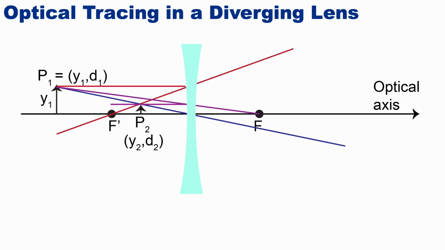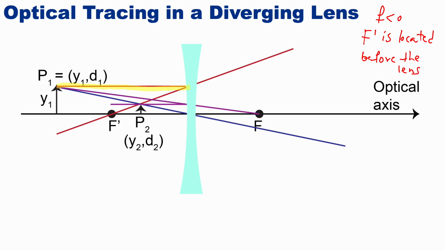So this is now the one that I'm showing with a diverging lens. On the diverging lens, the difference is that because the focal length is negative, that means that f prime, the image focal plane, is located before the lens. And this is really important for the drawing: the first ray that goes parallel to the optical axis, when it meets the lens, needs to go as if from the image focal point, right?